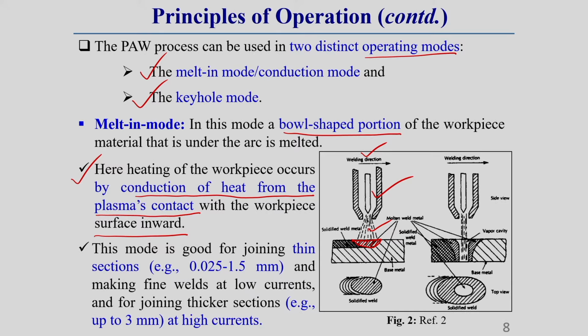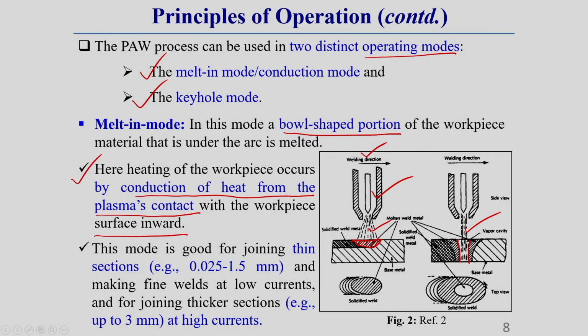That is why just a portion of material below the arc is melted, okay. And after the arc moves away, it solidifies and welding is done here. Now, on the right side of this figure I have shown the keyhole mode. Here you see there is a full penetration of this workpiece.